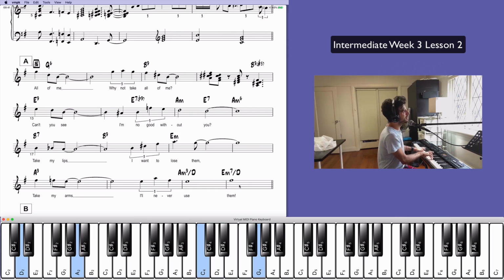E minor. And then what was that? E7. A minor. G7. Yeah.